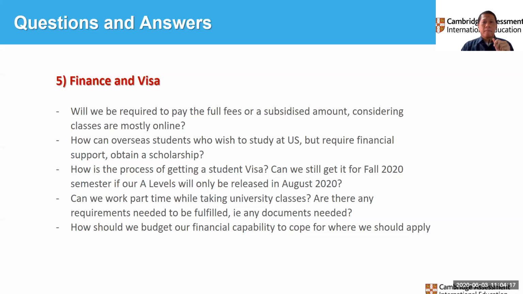Sure. So in terms of the visa process, every university is in the process of announcing different plans for the fall. Some universities are really planning to have things proceed as typical. Others are offering an adjusted schedule. They may be starting earlier or starting later.